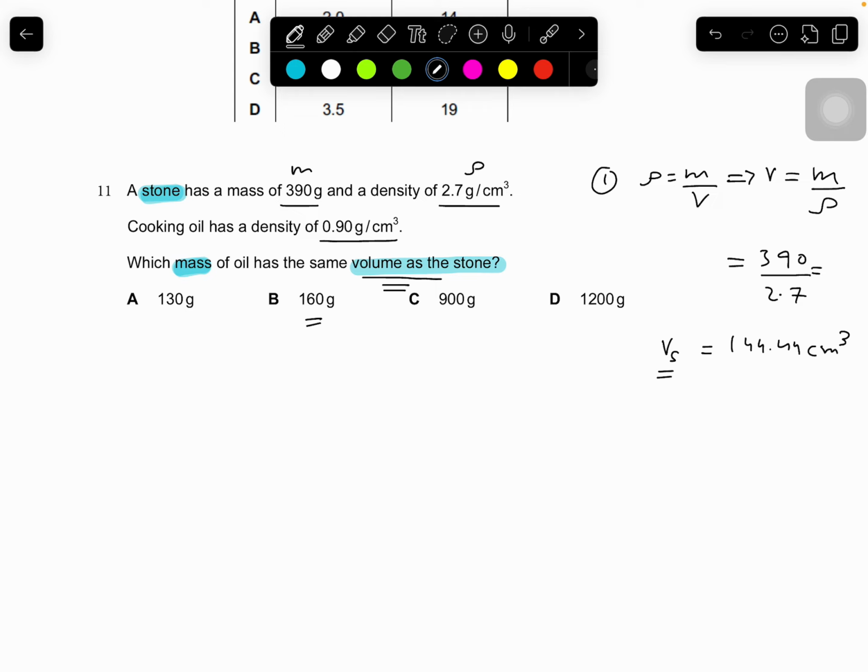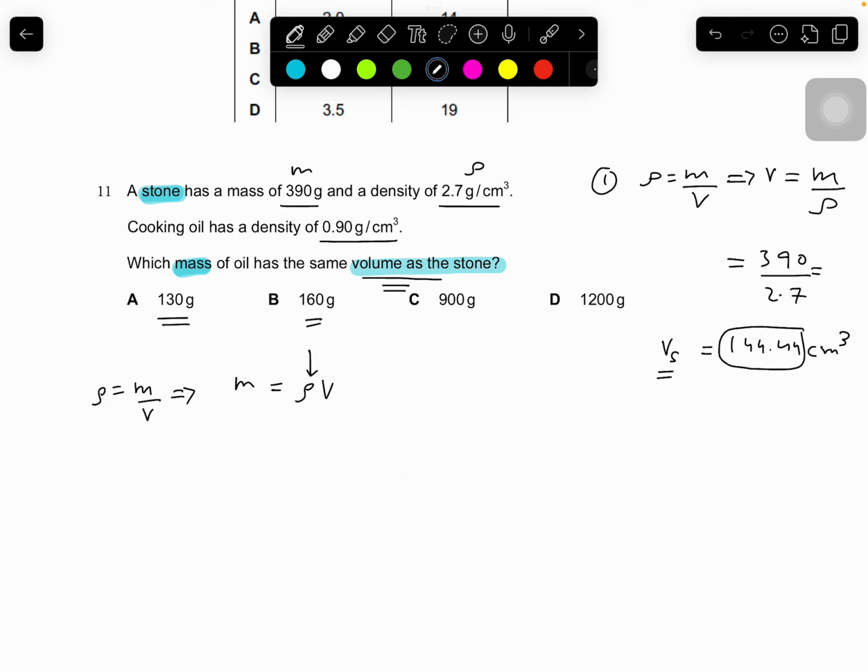Now, you want to find the mass that will give you the same density as the stone. So you'll test every single option. Let's start with part A. You have the density and you have the volume you found here. So rho equals mass by volume, and you'll rearrange for mass. That is rho V. This rho is just the name of the symbol that I'm using here for density.